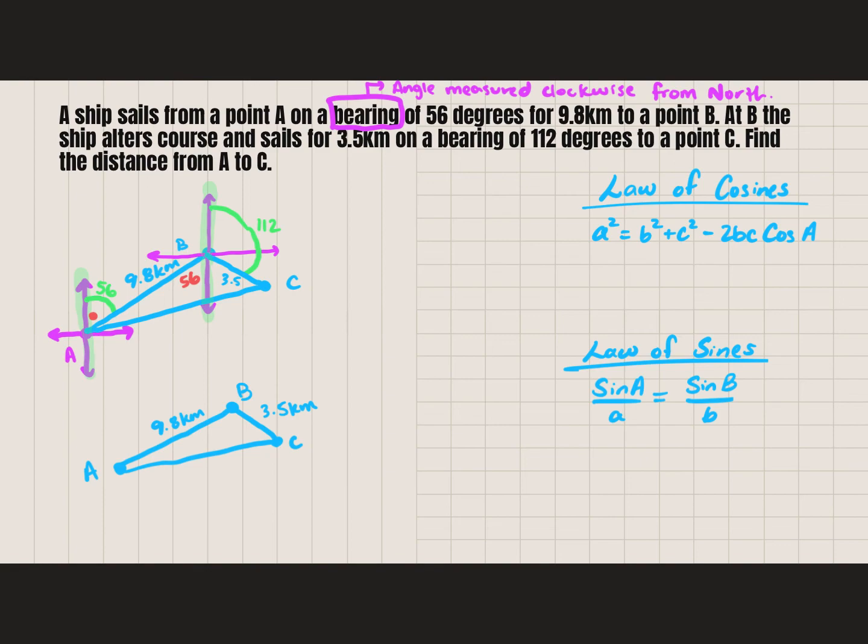Now that's not an entire angle in my blue triangle altogether. If I want to use that, I'm going to need to know this other angle in here in pink.